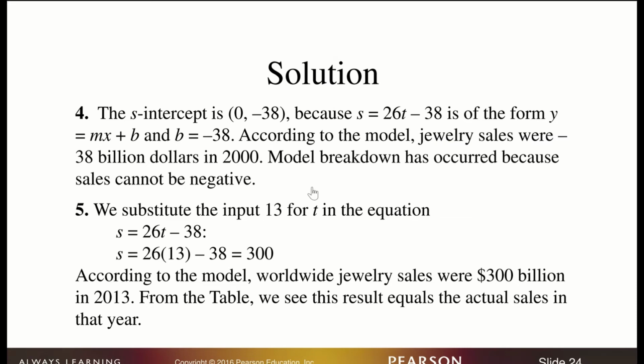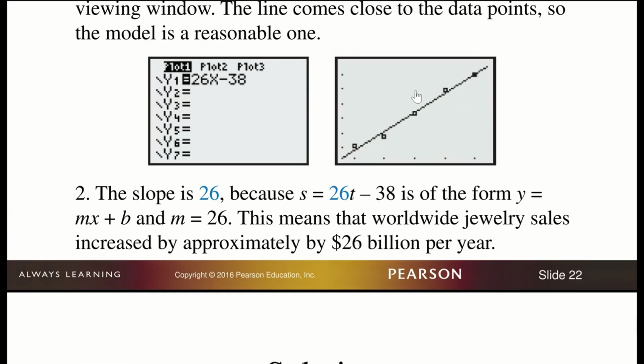So what that means is, if you look at the model, not surprisingly, that point actually was on the model itself. That's why we got an exact hit. That's why the predicted amount according to the model was exactly the same as the actual sales, because this dot represents the actual sales level for 2013.